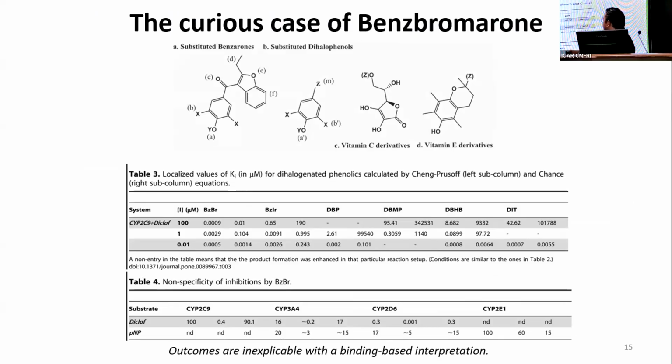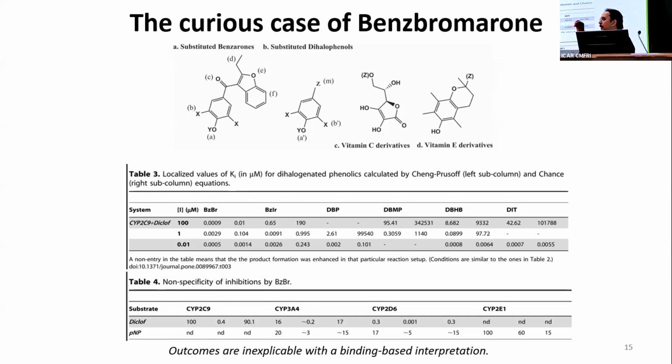We had taken this further, and in this particular slide, what you are observing is the case of benzbromarone, one form of benzerones, which was reported to have nanomolar levels of Ki values, inhibitory constants. When you talk about inhibitory constants, it's actually the Ki value.